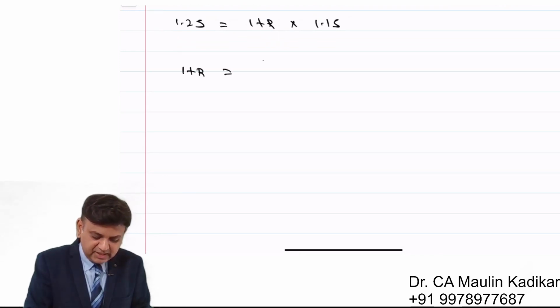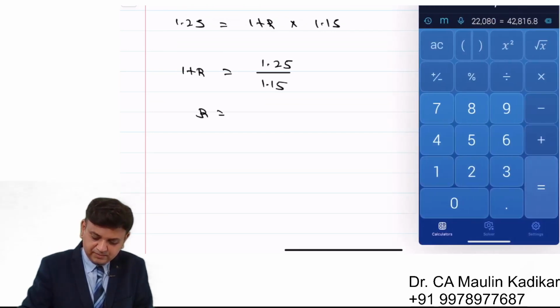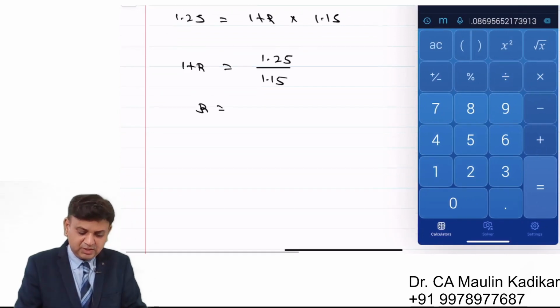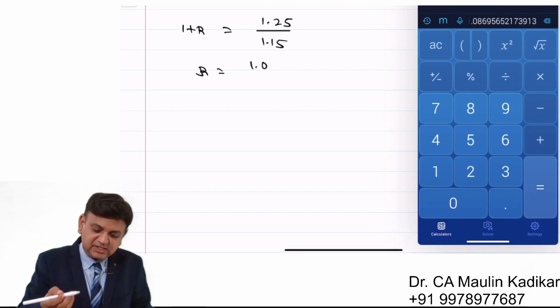So 1 plus r is equal to 1.25 divided by 1.15. So the answer is 1.08695.